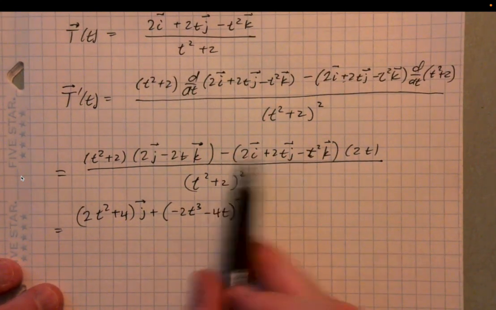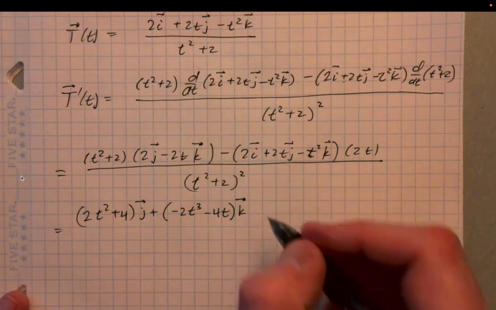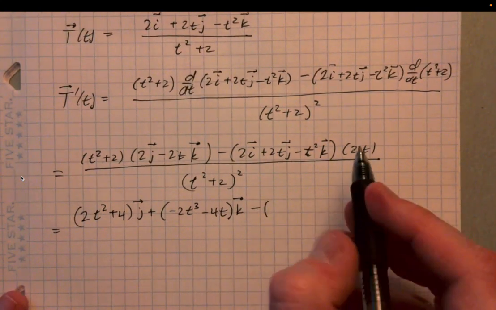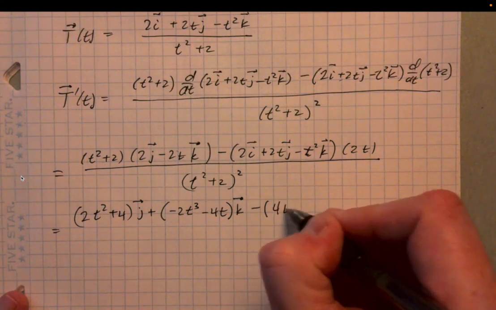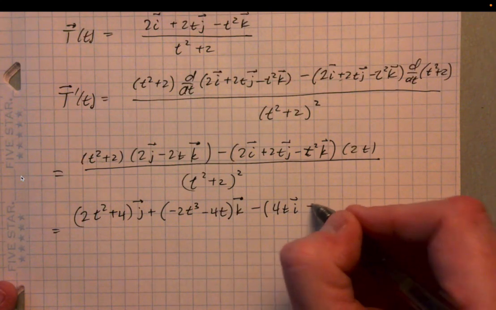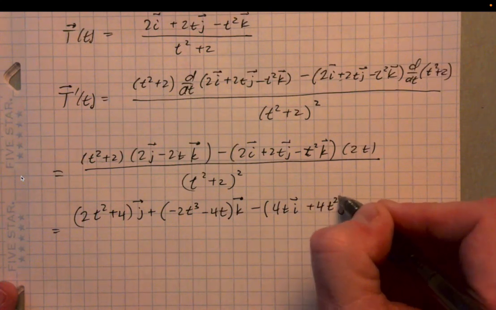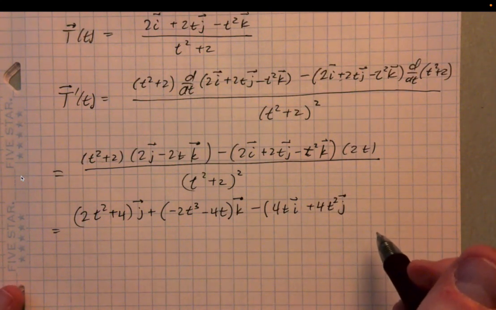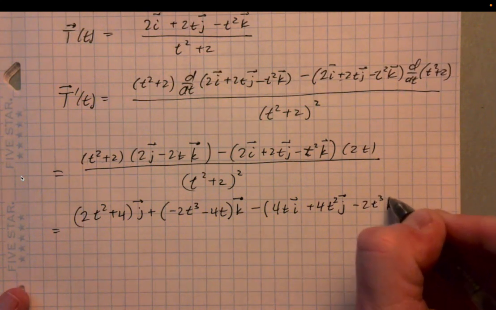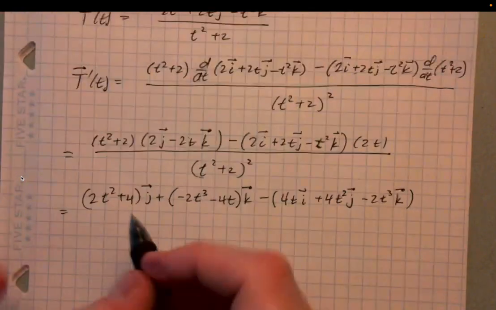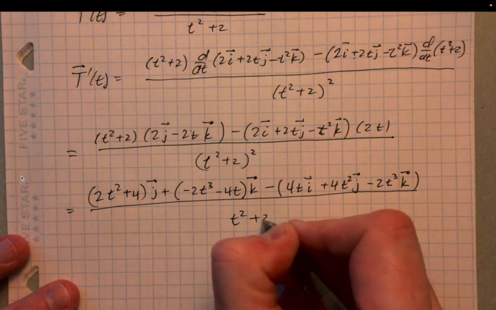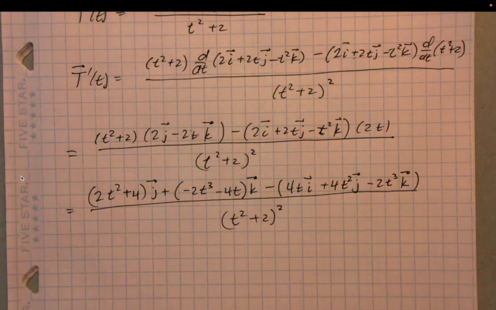And then moving over to the other piece, I'm just going to write minus here, and then it'll be 4t i plus 4t squared j, and then minus 2t cubed k. And then all of that naturally over the t squared plus 2 quantity squared.